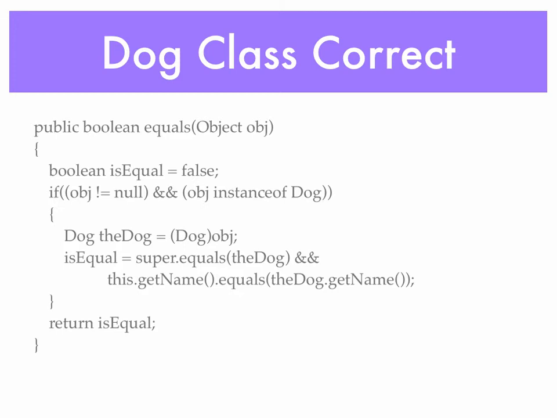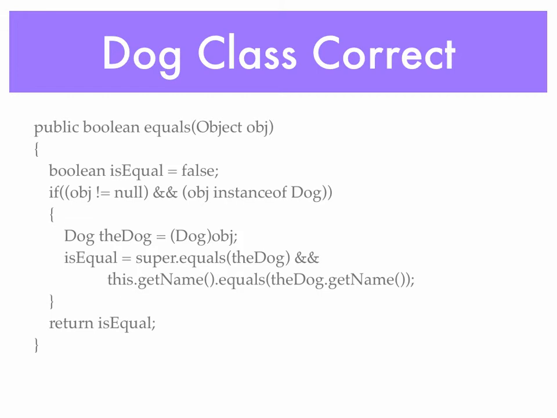And so theDog is an instance of the class Dog. We'll then put into isEqual, that Boolean that we declared earlier, what is returned back by this line. And in this line we use the word super to go up one generation.